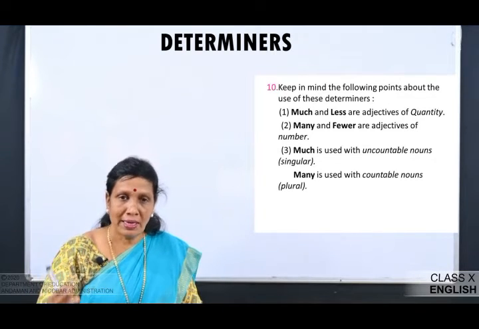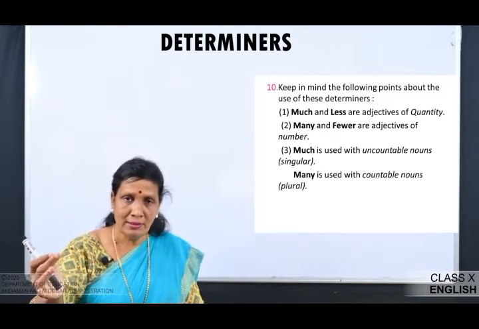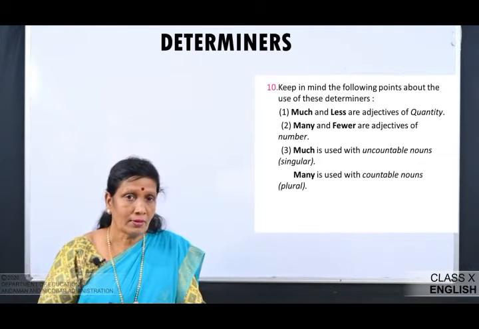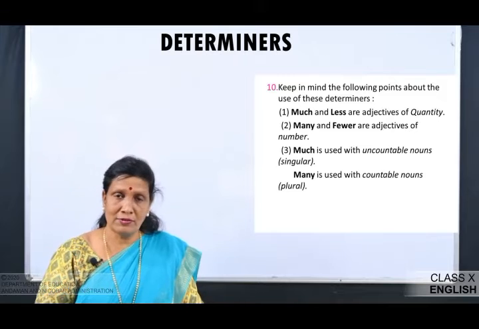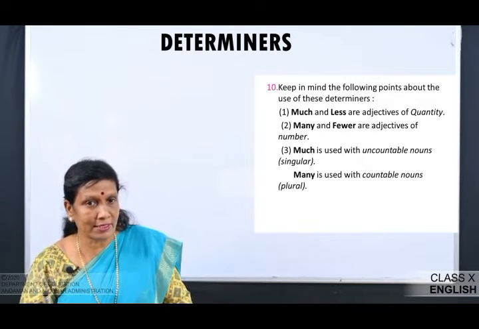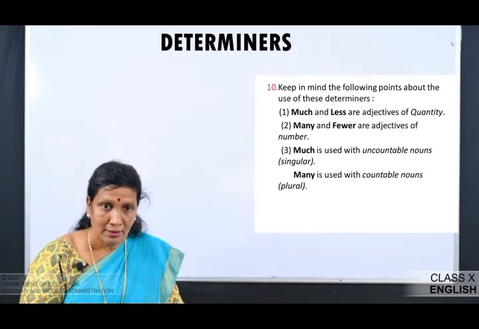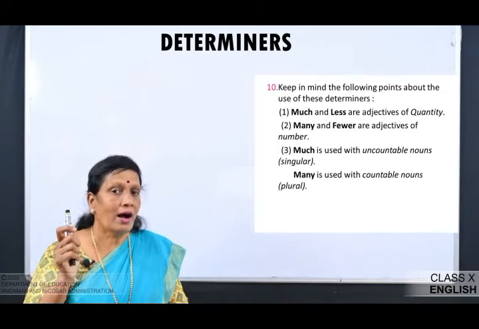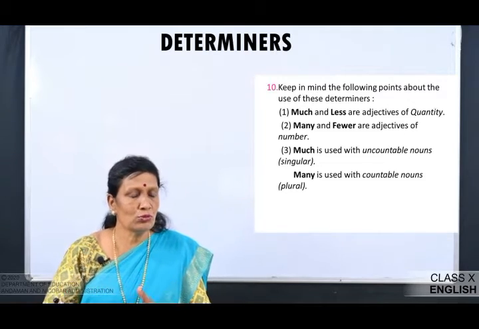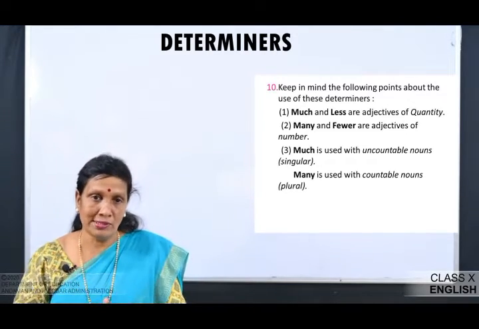So much, many, less, fewer, they talk about quantity, you must remember. Much and less are adjectives of quantity. Many and fewer are adjectives of number. Much is used with uncountable nouns, singular, and many is used with countable nouns, plural.